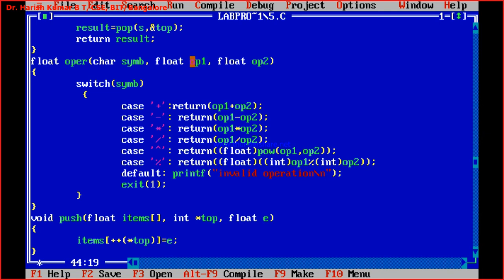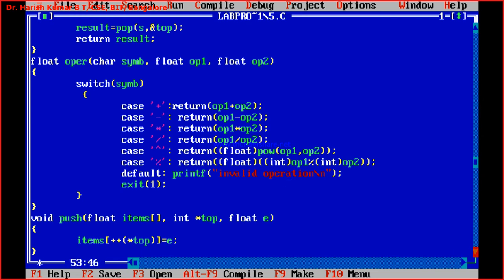Basically OP1 and OP2 are floating point, but on floating points you cannot find the remainder. That is the reason we cast OP1 and OP2 to integer, and after you perform the operation, the result is cast into float. If you have entered an operator which is not here, it says invalid operation or invalid operator.